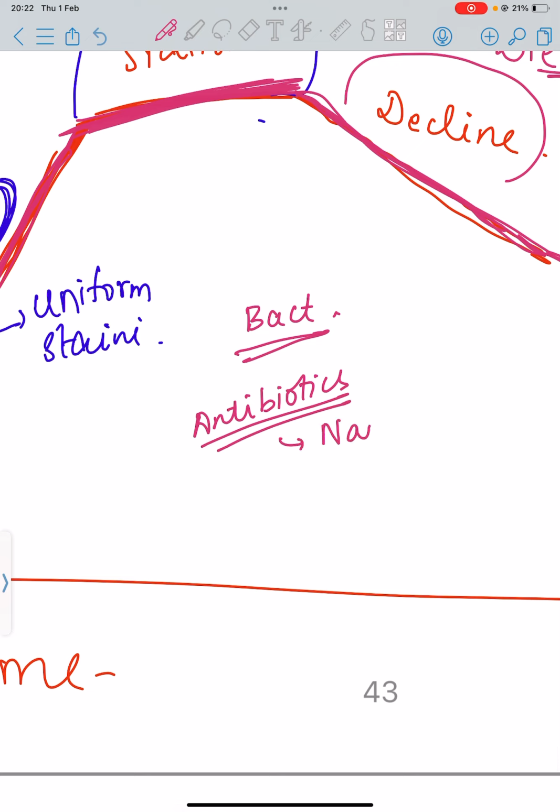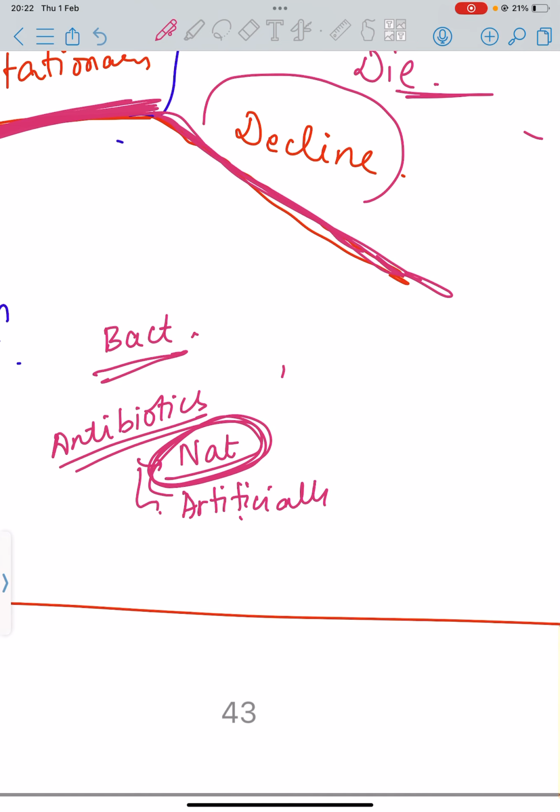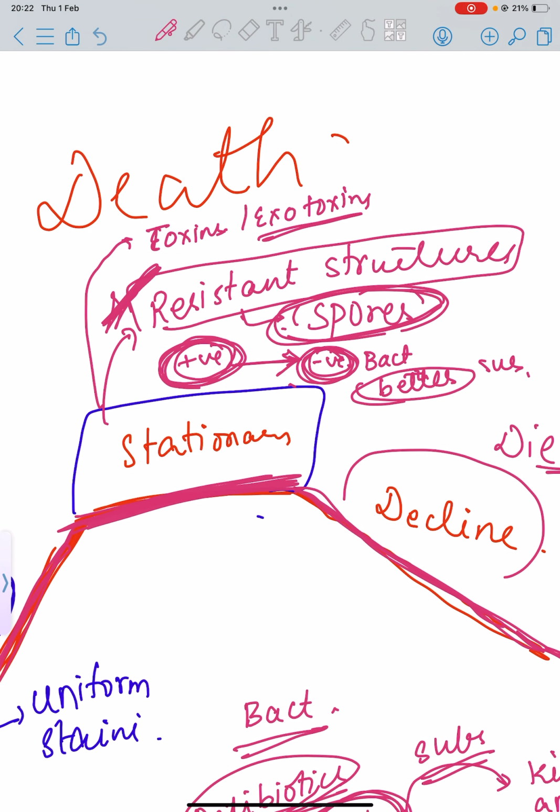They can be obtained naturally, or artificially. These naturally obtained antibiotics are nothing but substances which are secreted by one bacteria to kill another bacteria. You get my point? So there are some antibiotics which can be obtained from the stationary phase. These are nothing but toxins or exotoxins or antibacterial substances which one bacteria produces to kill another bacteria.